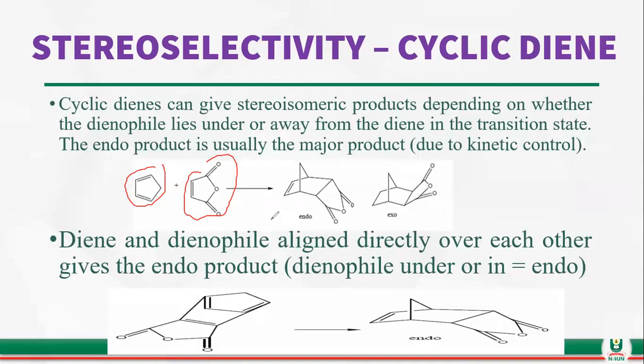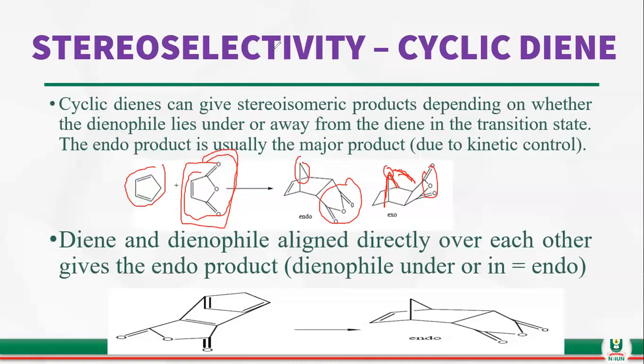But if you are saying an exo, it means the head of the other dienophile that looks like the crown is tilted upward towards the head of the new thing that was formed between the diene and dienophile. And therefore, there is a small distance between the head of this and the head of this. So it's not going to be as stable as this one, where its crown is far, far down below and it's not having too much interference with the newborn that was formed.